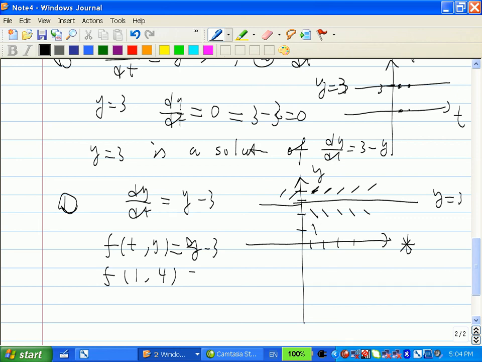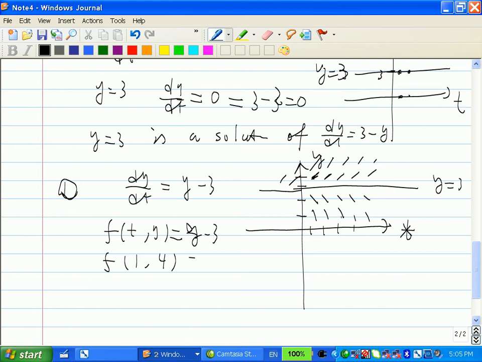So it's a negative slope, but bigger in magnitude. And up here you get a bigger positive slope. So this direction field tells you that for equation 1, your solutions diverge away from the curve y equal to 3.